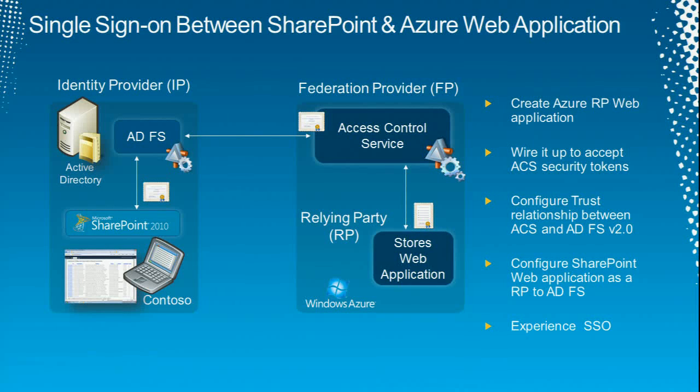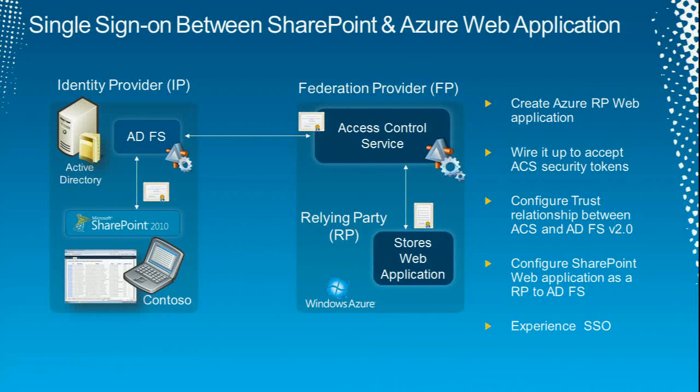But the identity provider role has the responsibility of authenticating that user, grabbing information out of AD, packaging that up in a security token, signing that token with its certificate, and handing it off either to SharePoint or to ACS. So those are the roles involved: a relying party, a federation provider, an identity provider. And SharePoint also can be considered a relying party to ADFS.